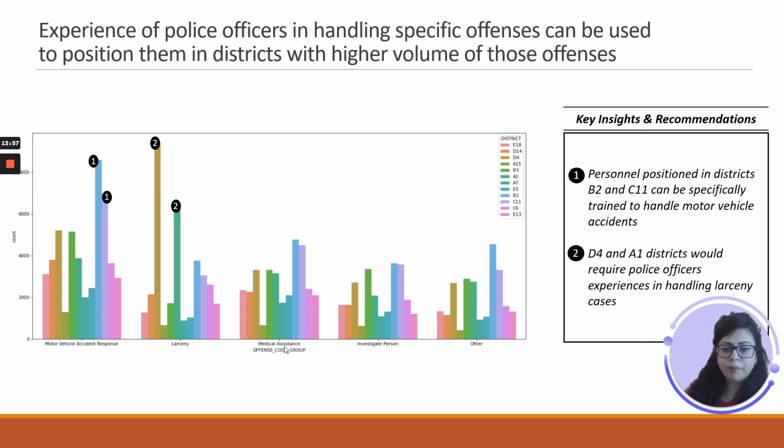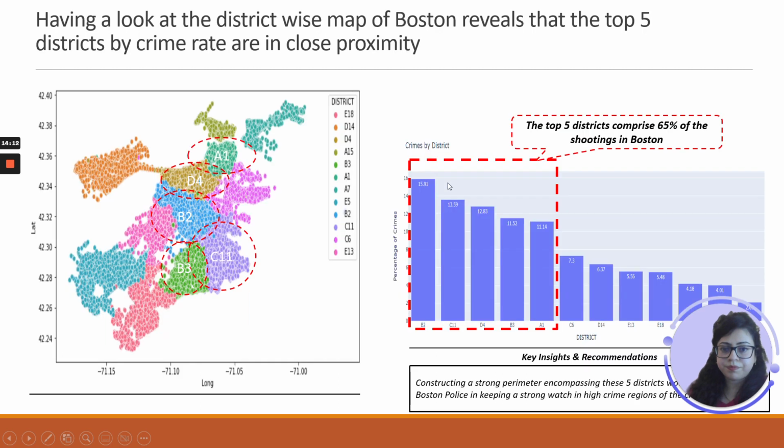And similarly for medical assistance also, we can see these two districts have the highest number of incidents. So experience of police officers in handling specific offenses can be used to position them in districts with higher volume of these offenses.